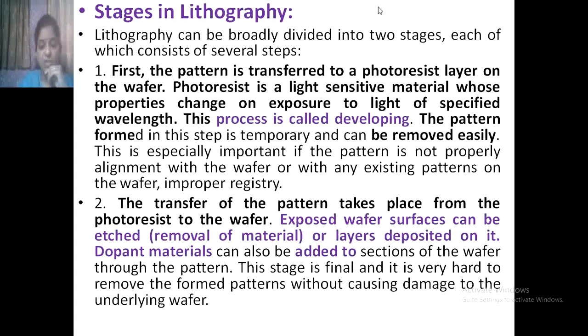It is not a permanent one. This is especially important if the pattern is not properly aligned with the wafer or with any existing patterns on the wafer, that is, improper registry.